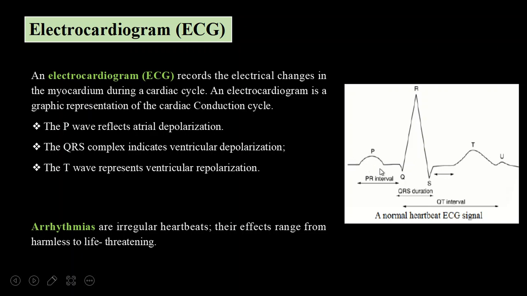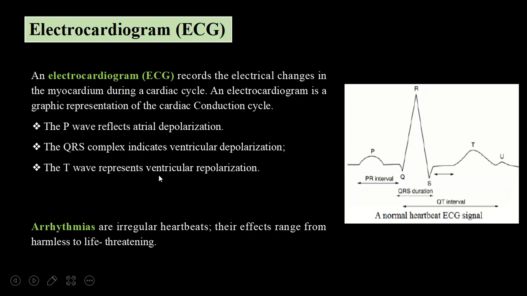They contract, bringing about atrial systole. And what happens when the ventricle depolarizes? It will bring about ventricular systole. The ventricles will contract. This is the duration of the contraction of the ventricles.